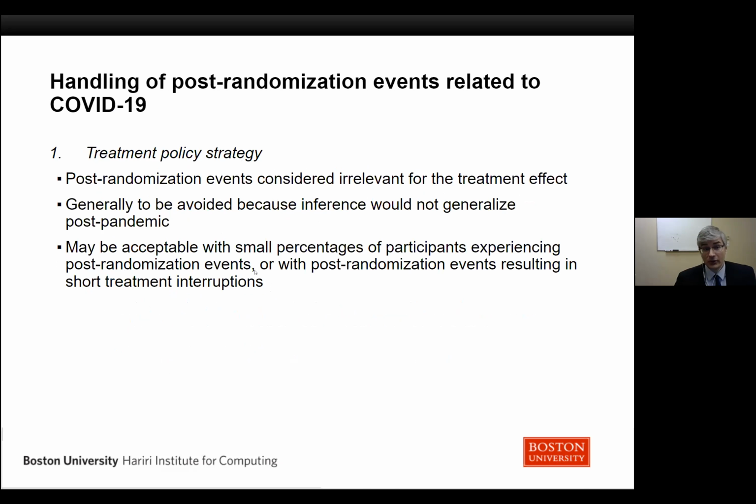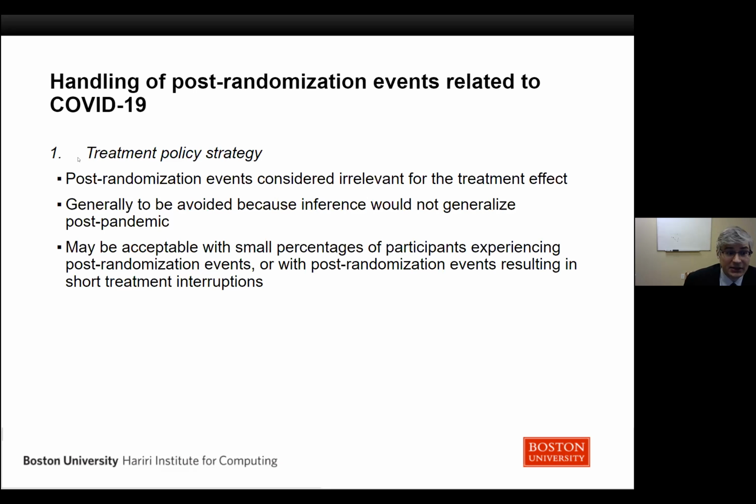So how to handle those intercurrent events? The estimand framework that was introduced prior to the pandemic offers 5 different strategies. And so, again, several groups have described how to use the different strategies to handle events related to the pandemic.